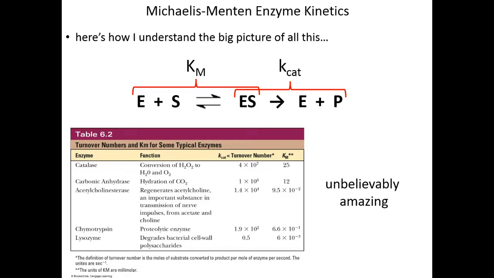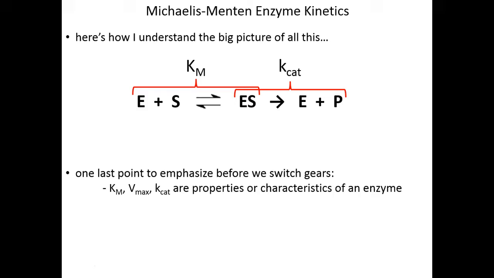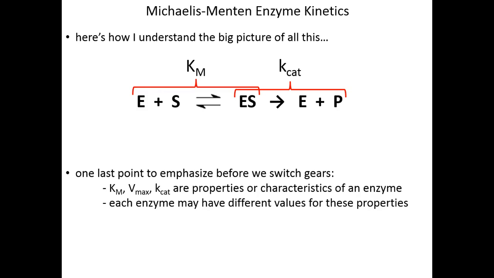No matter how you slice it, though, very, very amazing that we can understand the complexities of enzymatic reactions to this level of detail, kind of parsing and dissecting out the different aspects of enzymatic reactions. One last point to emphasize before we wrap up this chunk and switch gears to inhibition. Km, Vmax, and Kcat are properties of enzymes. They're characteristics of enzymes. They are constants of individual enzymes.